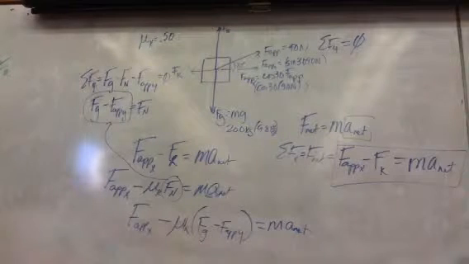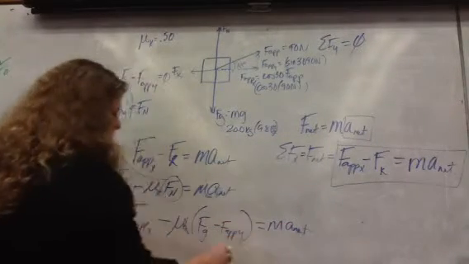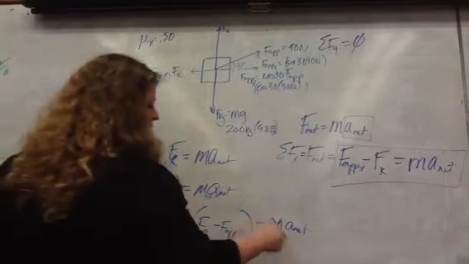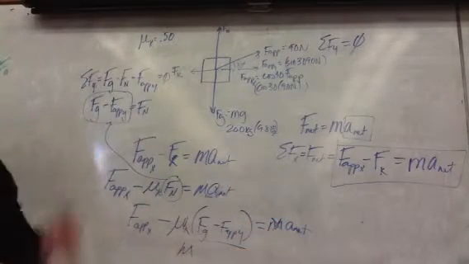Is everything there now something we've got? Yes. Can we solve for net acceleration now? Yes. So now it's just a matter of algebra. Divide both sides by m, plug, and go.